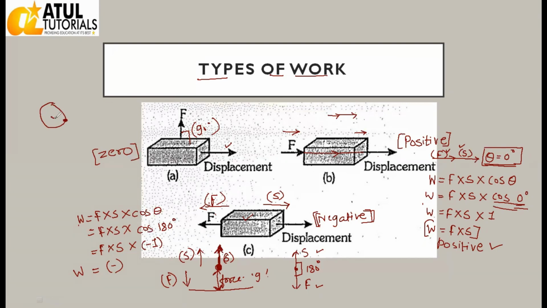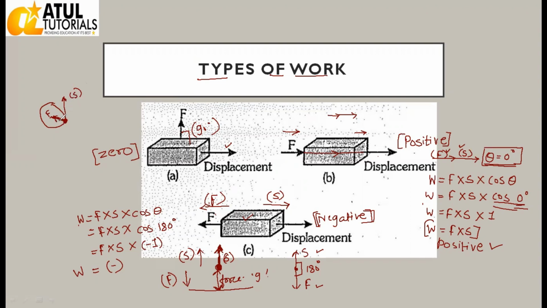The force applied on this object is from the center. This is the direction of the force. But the object which is moving in a circular path moves in the direction tangential to the circle. So this is the direction of the displacement of the object moving in the circular path.